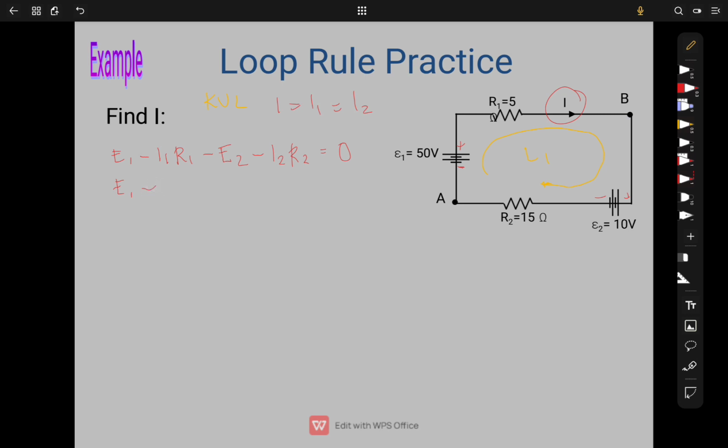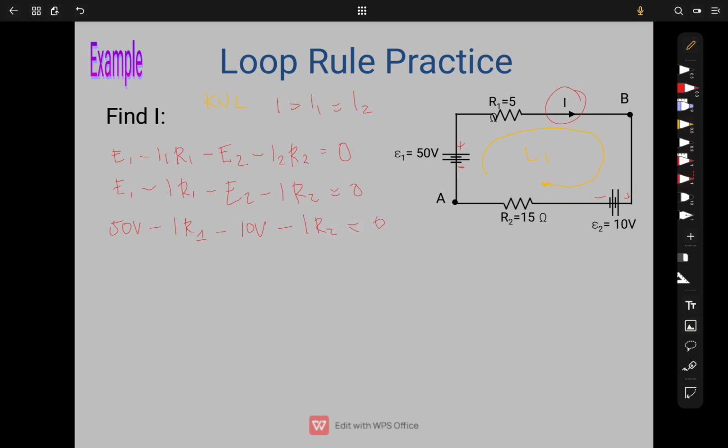So, minus I R1 minus E2 minus I R2 is equal to 0. Then, after that, meron tayong value ng E1 and E2, right? So, let's substitute yung ating mga values. So, we have 50 volts minus I R1 minus 10 volts minus I R2 is equal to 0.